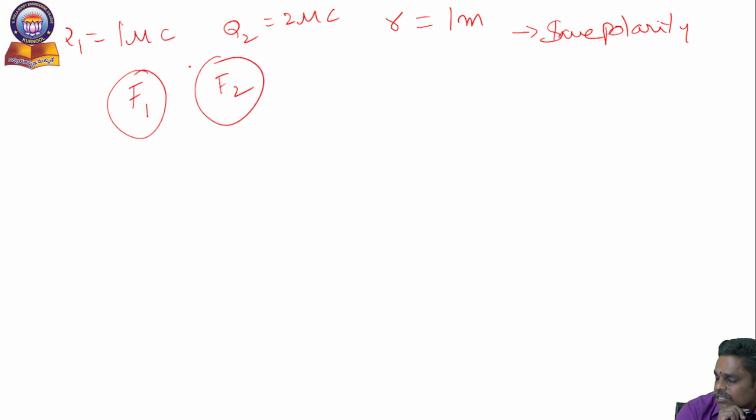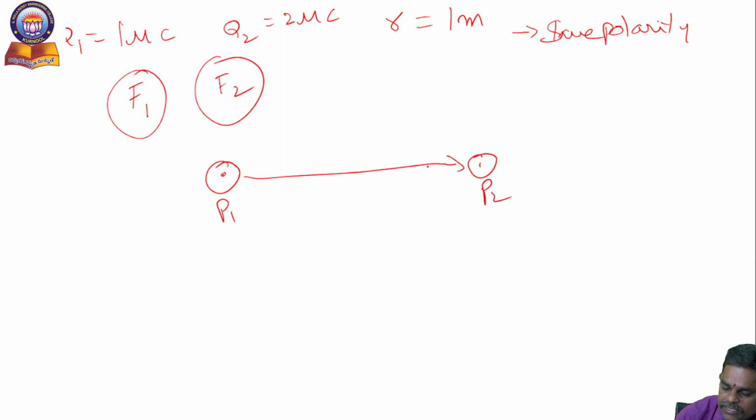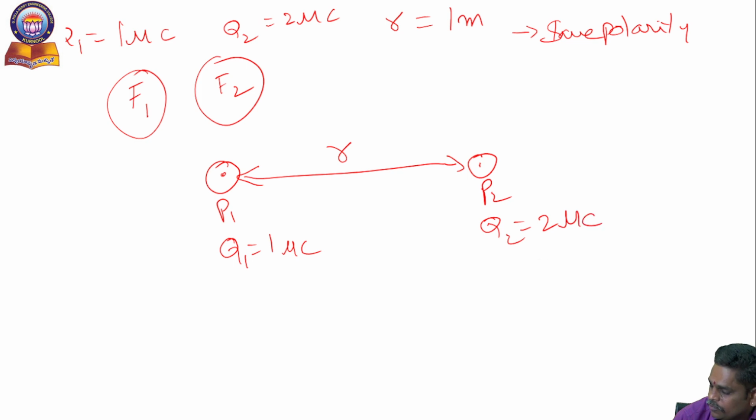To find this, I am going to draw P1 and P2, the distance is R. Q1 is equal to 1 microcoulomb, Q2 is equal to 2 microcoulomb. We are going to solve the equation for force.